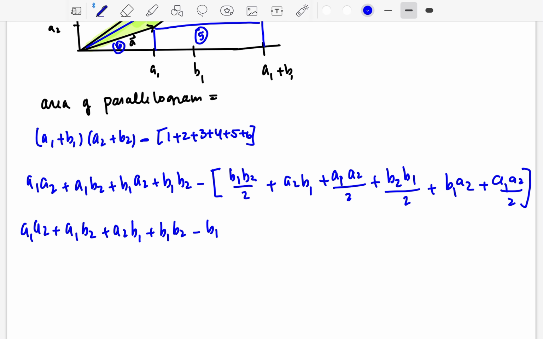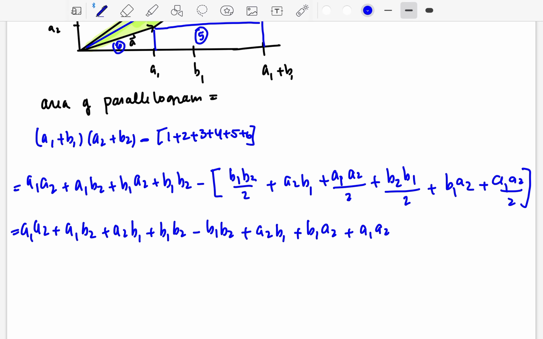So minus B1 B2. And then I have plus A2 B1 plus B1 A2. And then I have these two halves. A1 A2 divided by 2, A1 A2 divided by 2. So that is plus A1 A2.